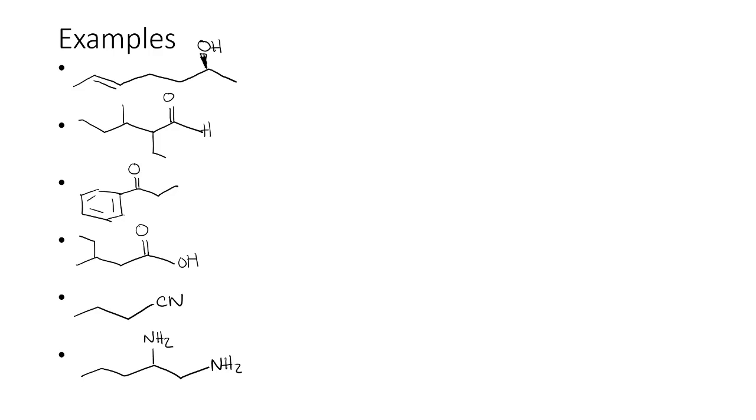So for our first structure, our name for this would be 2S, 5E, hept-5-ene-2-ol. So 2S 5E hept 5-ene 2-ol.